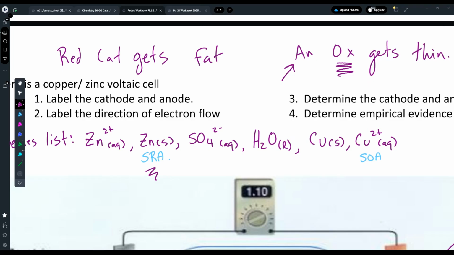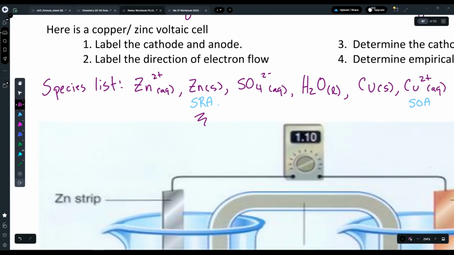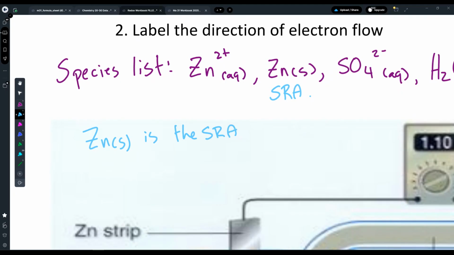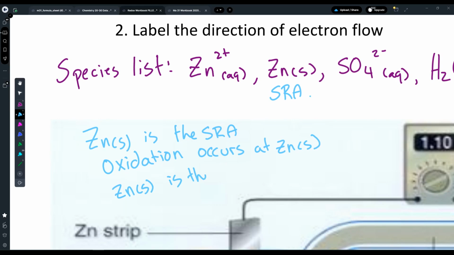It happens at the anode. Let's write this out. Zinc solid is the SRA, and the oxidation half reaction occurs at the zinc solid. So that tells us that zinc solid is the anode.